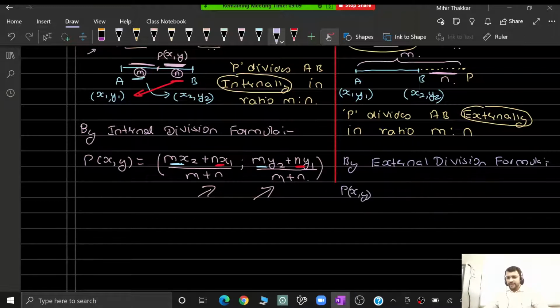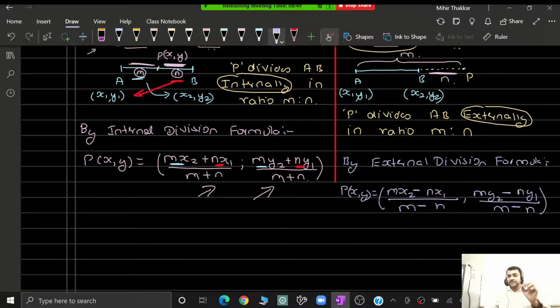P(x, y) is (mx2 - nx1)/(m - n), (my2 - ny1)/(m - n). It was plus before, now it will be minus. Before it was plus, now it will be minus. That is the only difference that you have to remember between the internal division formula and the external division formula.